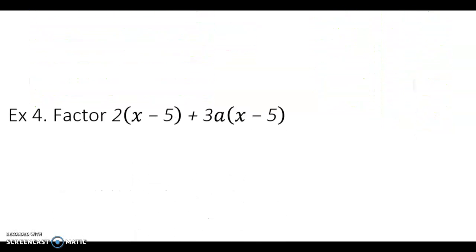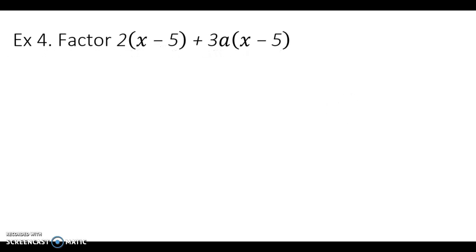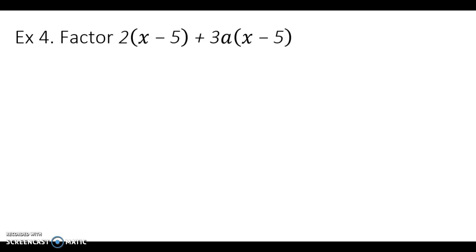All right, next one. We're going to factor out 2(x minus 5) plus 3a(x minus 5). Now this one, you want to kind of look at the format. If you noticed, they both have an x minus 5 and an x minus 5.